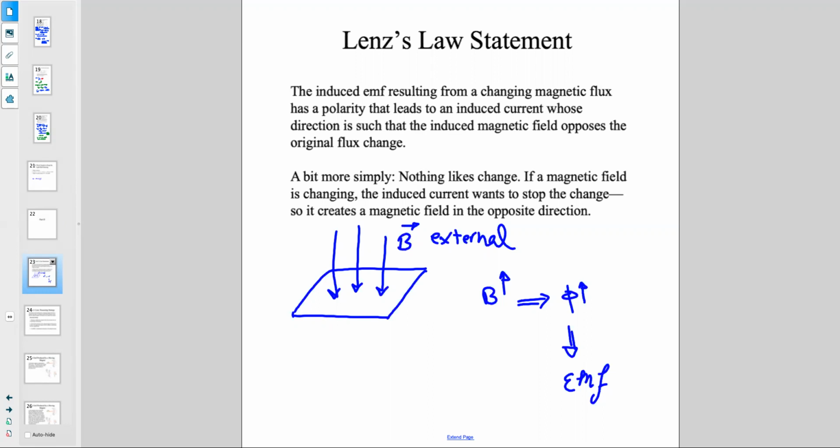In other words, I have the magnetic field in this direction, meaning that I have to have a current in this direction to oppose the change of the original or external magnetic field.